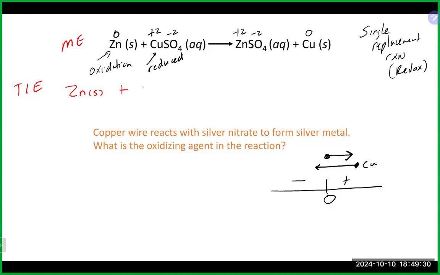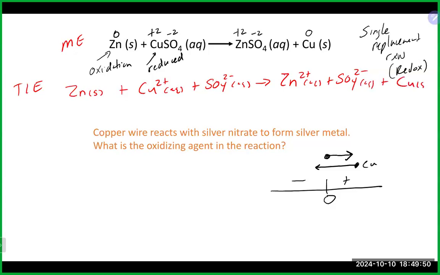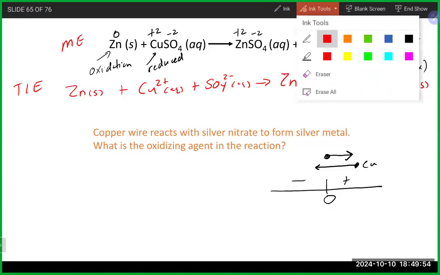The copper 2 sulfate is a strong electrolyte, so it will break apart into copper 2 ions plus our sulfate. The zinc sulfate will break apart into zinc with a +2 charge and our sulfate. And our copper there will stay the same. When I look at this, what are my spectator ions?